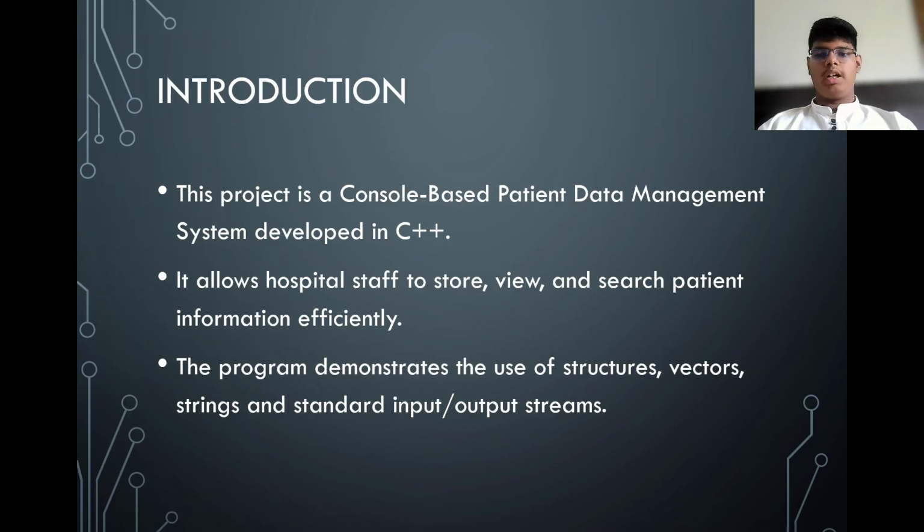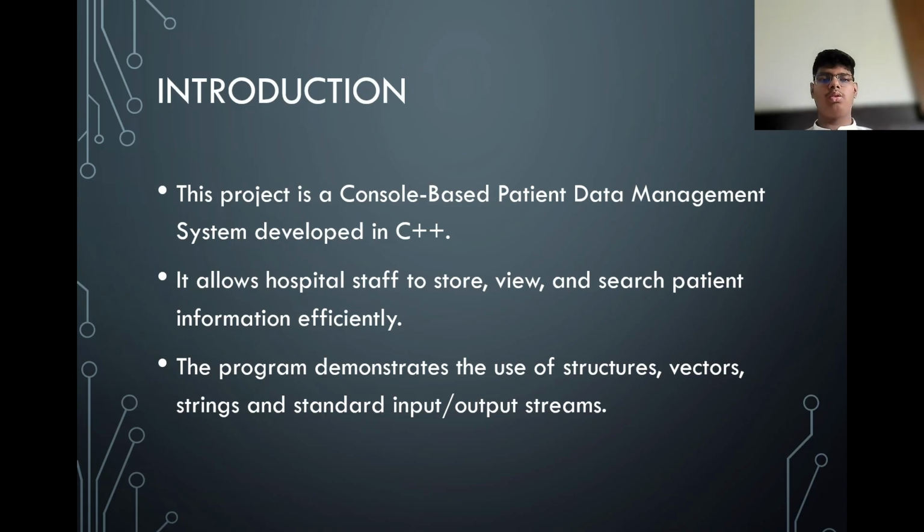So, let me introduce my system. This is a console application. Console application we will know about afterwards. It allows hospital staff to store, view, and search patients' information efficiently. We have used a lot of functions and elements in this program.